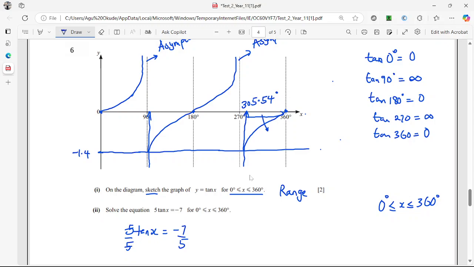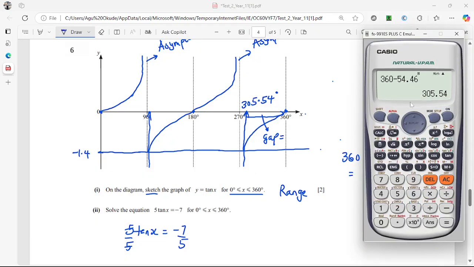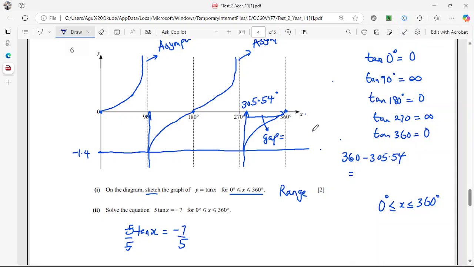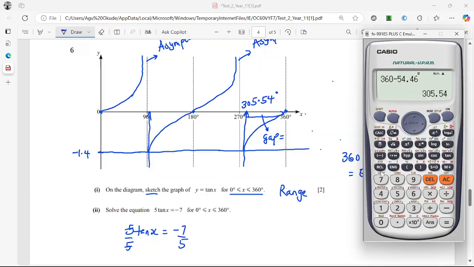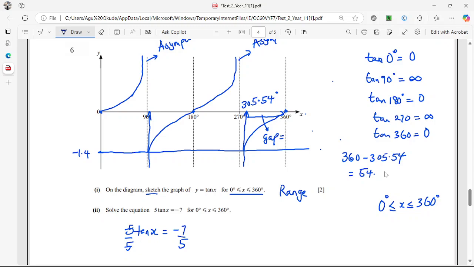That gap is going to be 360 minus 305.54, right? So the value of that gap is 54.46, sorry, 0.46. Now this is the value of this gap right here.